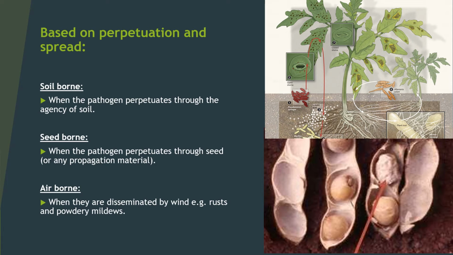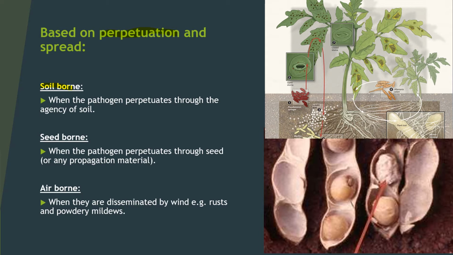We can classify the diseases on the basis of perpetuation and spread as well. So what do we mean by perpetuation? Perpetuation means to continue: how a disease is retained in a plant environment and then how it continues. So based on perpetuation and spread, these diseases are classified as soil-borne, seed-borne and airborne.